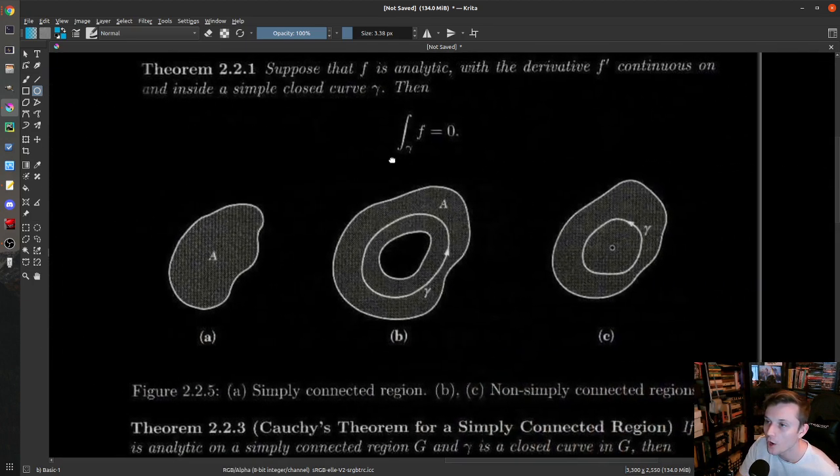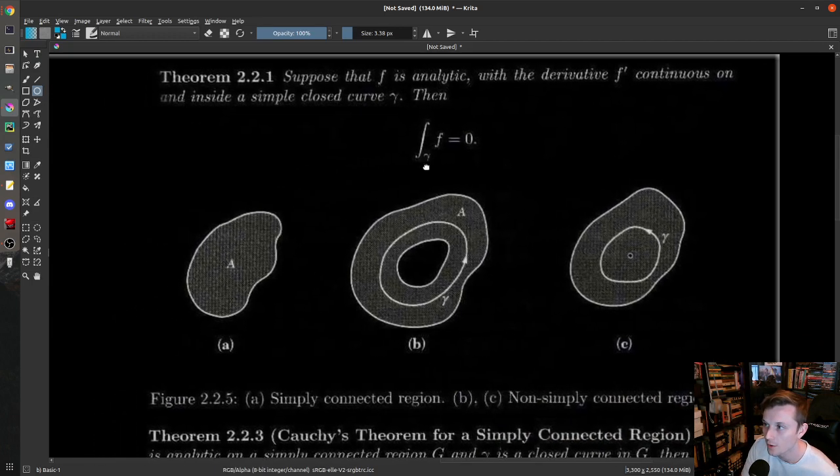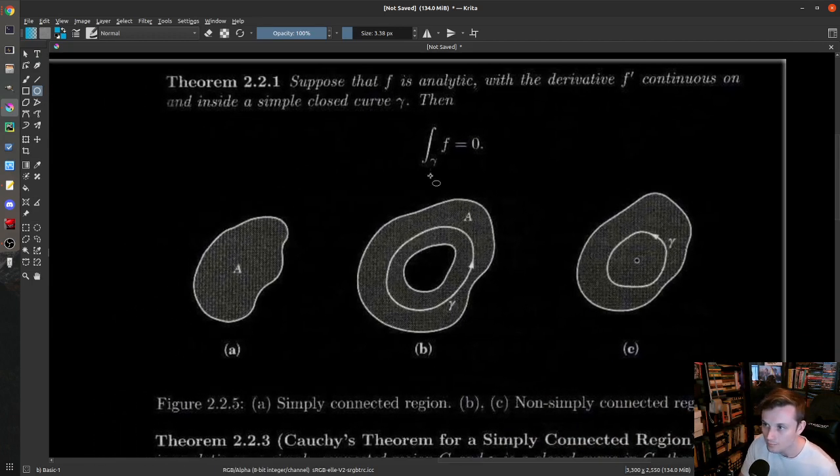So we moved into Cauchy's theorem in section 2.2, and we started with a very basic version of Cauchy's theorem in Theorem 2.2.1. In Theorem 2.2.1, we had an analytic function f with a derivative f prime that's continuous on and inside a simple closed curve gamma.